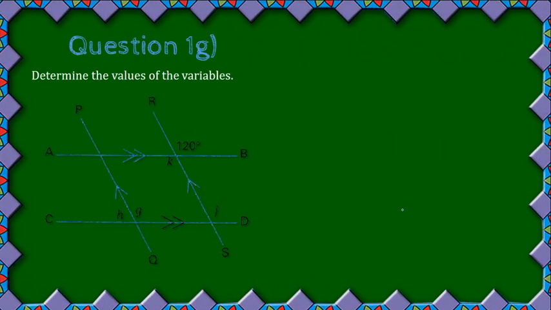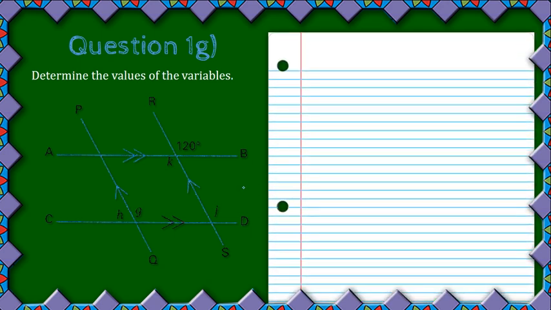And then for question 1G, we have K, J, H, and L to solve for. Now, in this case, we can start with K. So K and 120 degrees are vertically opposite, and that means they are equal. So K is equal to 120 degrees, and the reason is vertically opposite angles.